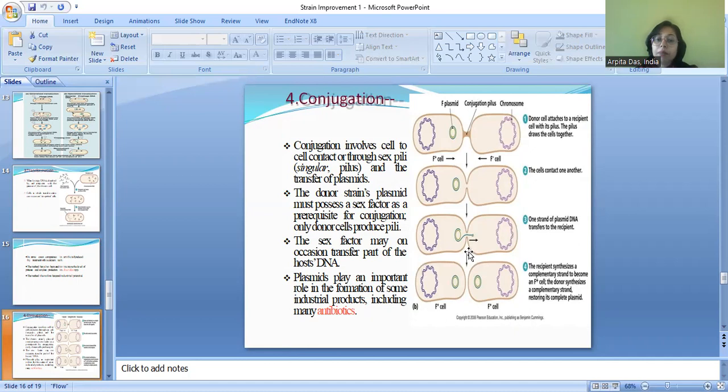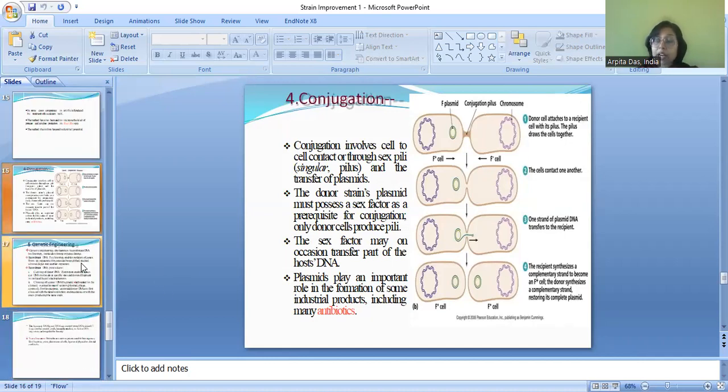So plasmids play an important role in the formation of some industrial products, including many antibiotics. Antibiotic-producing plasmids are injected into other bacteria to produce a much larger amount of that antibiotic. So conjugation is one of the methods readily adopted for strain improvement.